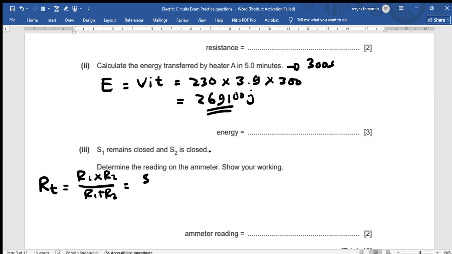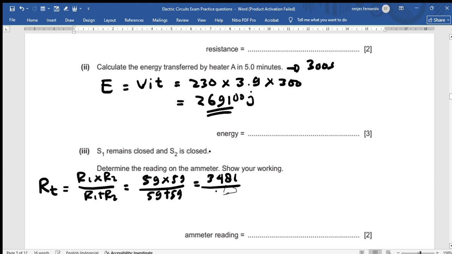We have 59 times 59 divided by 59 plus 59. We use our calculator, which gives 3481 divided by 118.